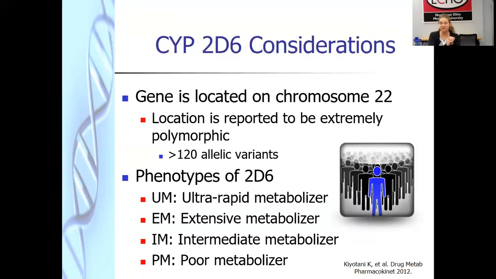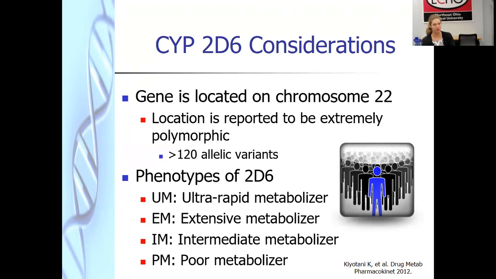The extensive metabolizers may have a couple copies of a relatively efficient version of the 2D6 enzyme. An intermediate metabolizer is going to be a middle-of-the-road person. So you've got functional copies: you may have one copy of a really efficient enzyme, or you may have a couple copies of a less efficient enzyme.